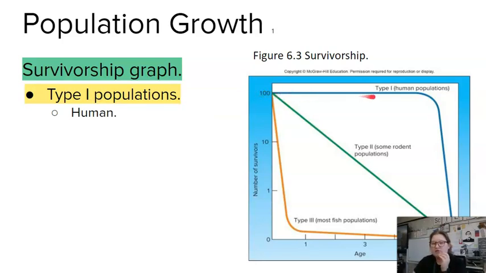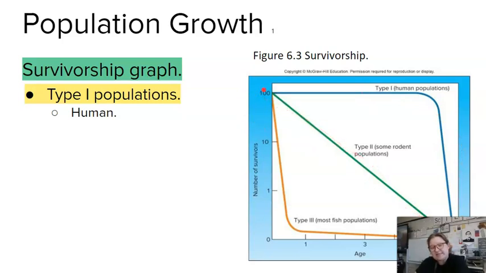So high survivorship in young age, and then survivorship dips off as we get older. We typically die of old age because we have parental care, just like most other big mammals, which is called K-select. So we are caring for our young, so they have high survivorship as they're young, and then survivorship dips as we get older.